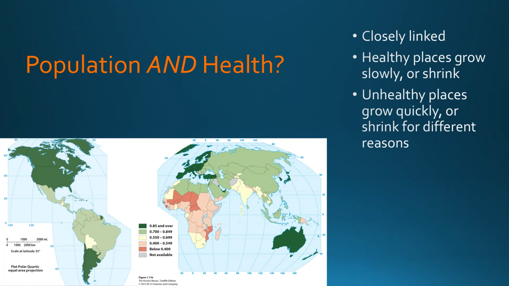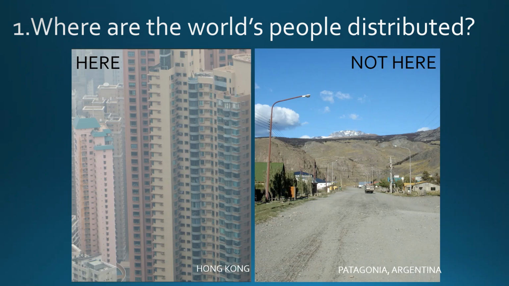And so we can generally see wealthier countries have better health outcomes, but they also have certain population characteristics, and these are linked with development. Generally speaking, more developed countries have better health outcomes and a slower growing or a not growing at all population. And again, we'll talk about why that is compared to places that are less developed.